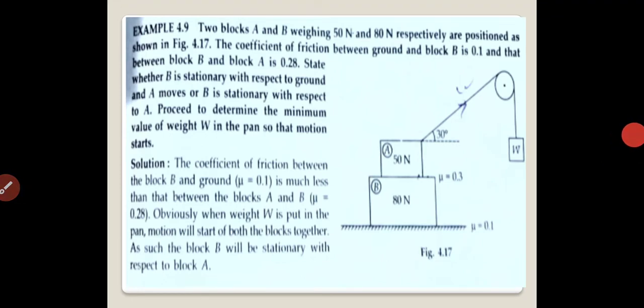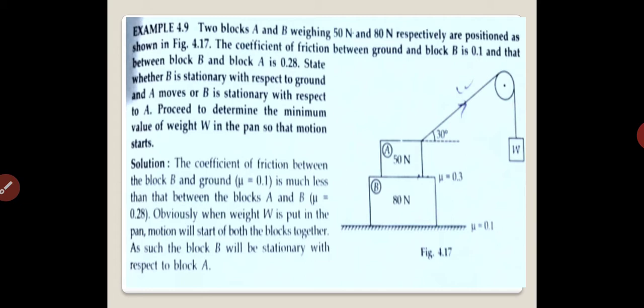Again a typical problem. Two blocks A and B weighing 50 Newton and 80 Newton respectively are positioned as shown in the figure. In the first problem the block was tied with a horizontal rope, but here we want to move the 50 Newton block by applying a weight over a frictionless pulley.